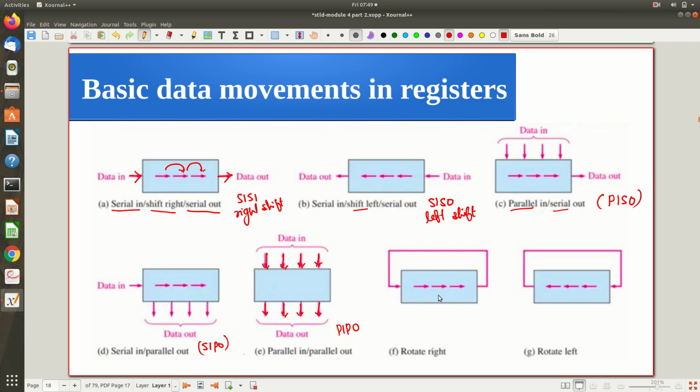And here is the same right shift I am having, but the last bit, the rightmost bit, you will not get it in the right shift operation. So after doing that right shift, you will lose this rightmost bit, right? So it's just going out.